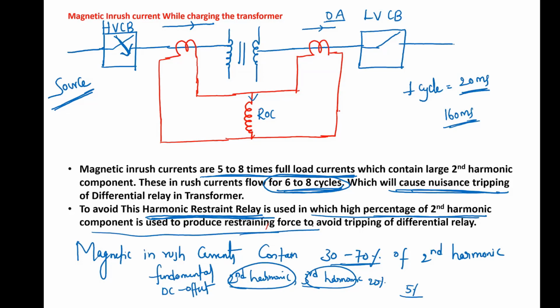In magnetic inrush currents, there is a high 70% of second harmonic component. So I feed this second harmonic component to the restraining coil to create the restraining force. Since in normal fault currents there is no second harmonic component, the restraining force is not generated. In this way, we can prevent the nuisance tripping due to magnetic inrush currents in the transformer when you are charging it after a long time.